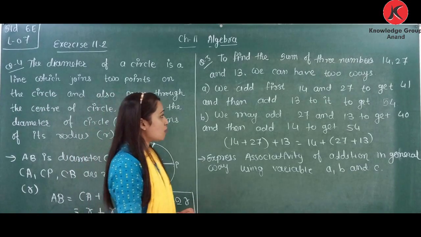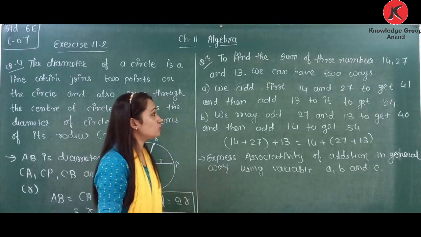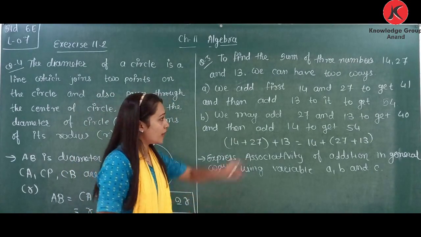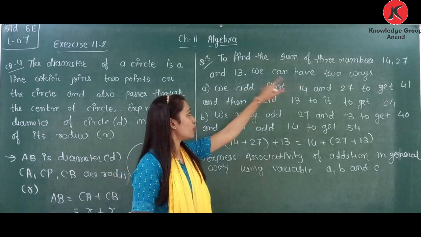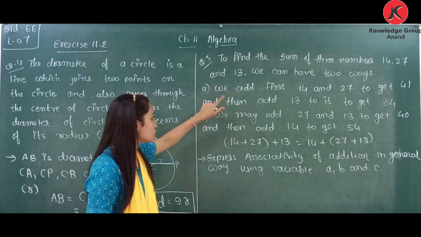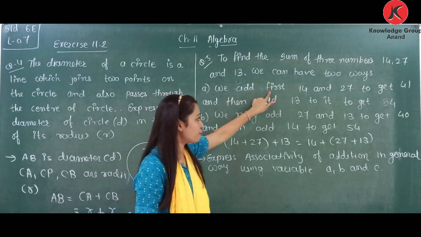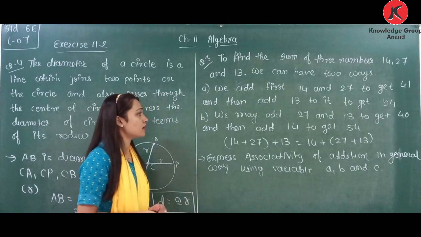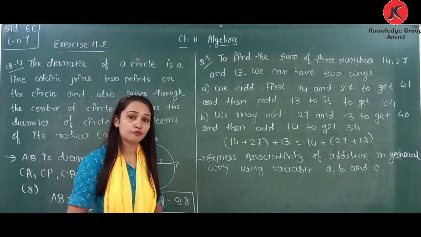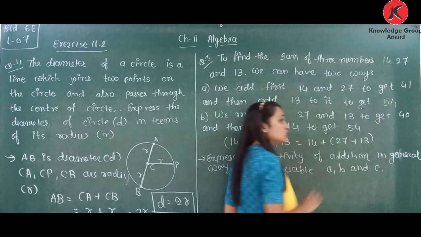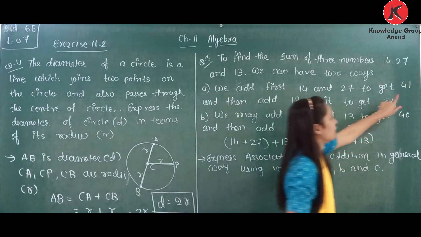To find the sum of 3 numbers 14, 27 and 13, we can have 2 ways. We have 3 numbers here, 14, 27 and 13, and we can find the sum in 2 ways. First method is we add first 14 and 27 to get 41, and then add 13 to get 54. First we add 14 and 27, and the sum of that is 41.